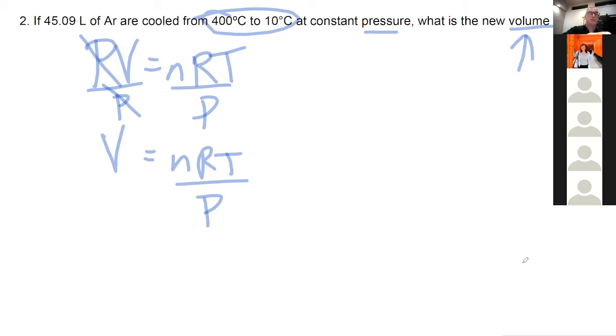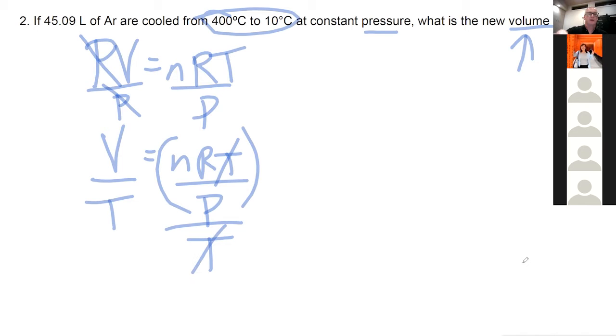So I'm going to divide both sides by T, which gets rid of T on the right. And now I have V over T equals nR over P. Does everyone see how I did that now?